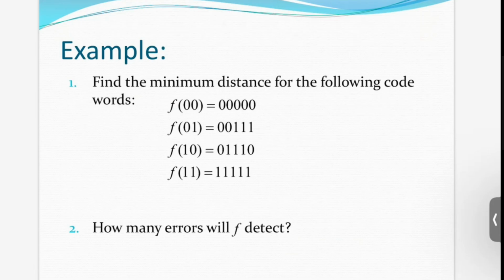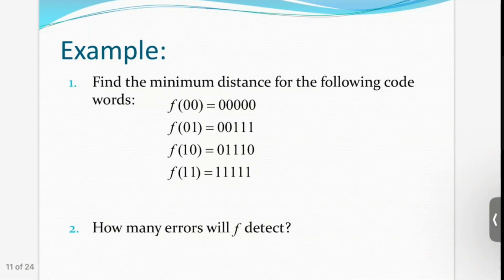Okay, look at this example. Find the minimum distance for the following code words. So what should we do? First, you need to identify the possible combinations of code words. You have 4 code words, right? 1, 2, 3, 4.